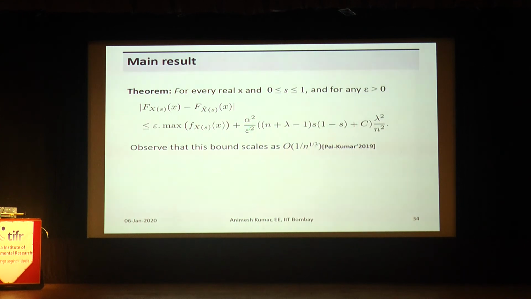The second term is approximately 1 by n times epsilon square. The first term is epsilon. If we trade it off, we get the error between the two CDFs to be approximately 1 by n cubic root of n. It's a bit slow, but I don't know if it can be improved too much, though I'll be happy to chat about it. And this is the work done by Mira, published last month in NeurIPS.